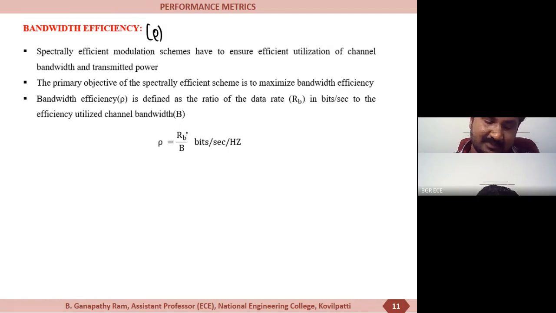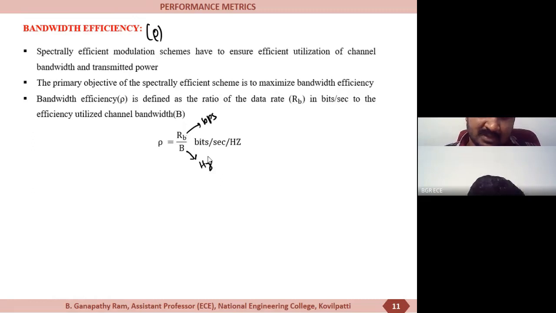The data rate is measured in bits per second and bandwidth is measured in hertz. So the bandwidth efficiency is measured in bits per second per hertz.